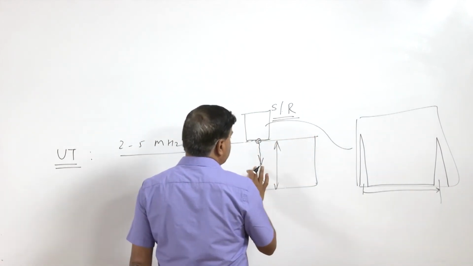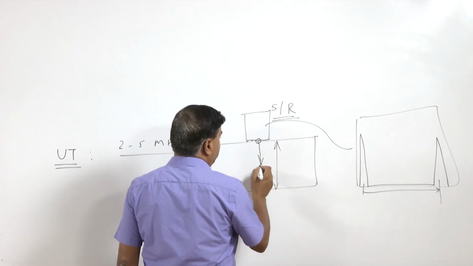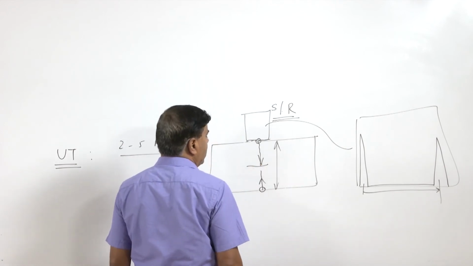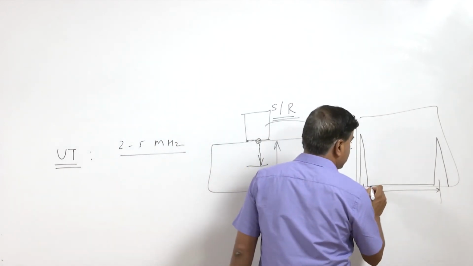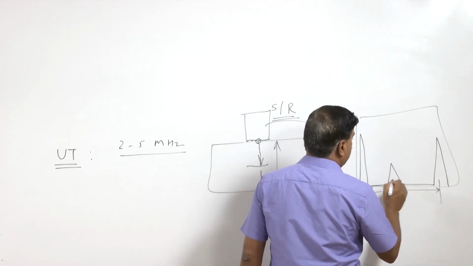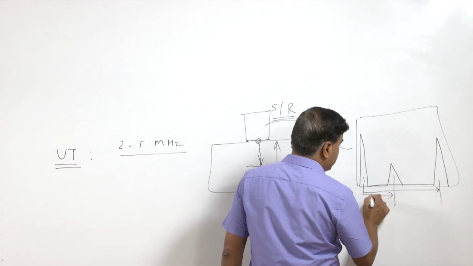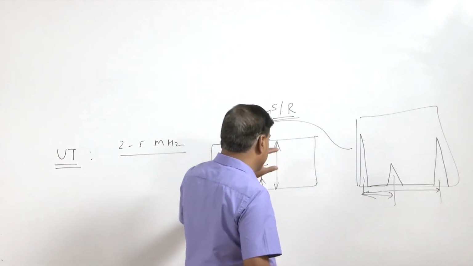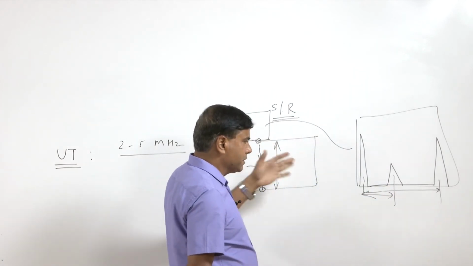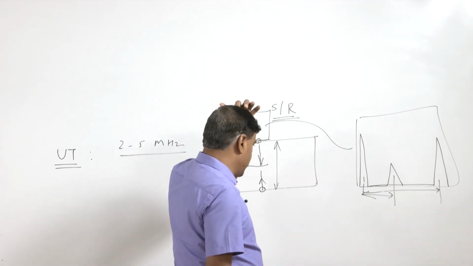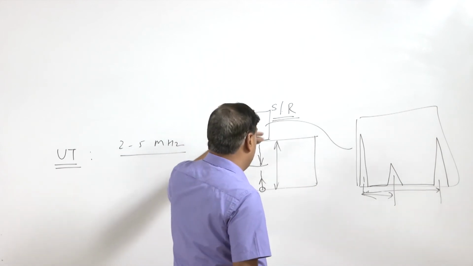Now, if there is any discontinuity, it will show us another, additional peak. The additional peak will indicate where the discontinuity is present, meaning the depth at which the discontinuity is present in ultrasonic testing.